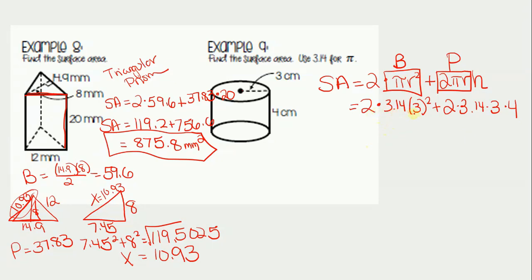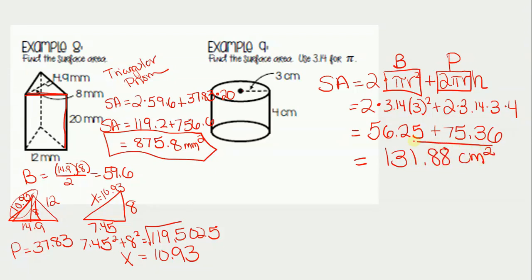So let's go ahead and multiply. 2 times 3.14 times, technically that's 9, so this would be 56.52. 2 times 3.14 times 3 times 4 is 75.36. So my total surface area is 131.88 centimeters squared.